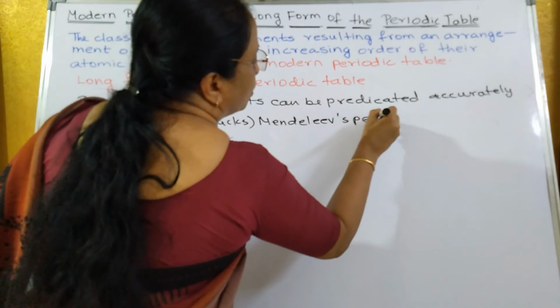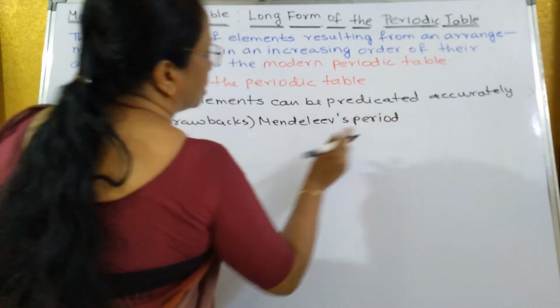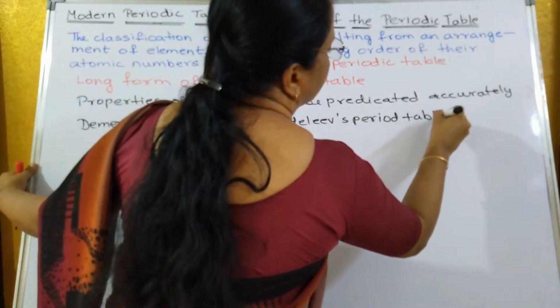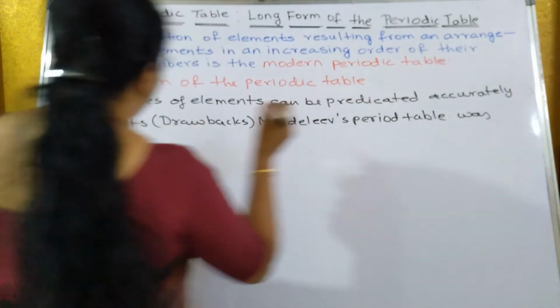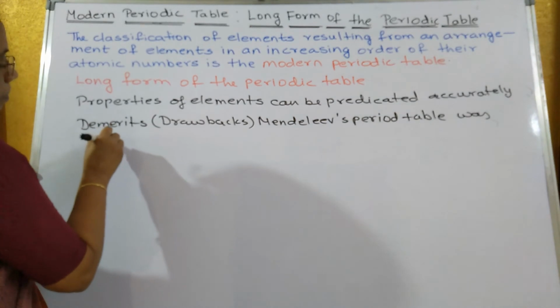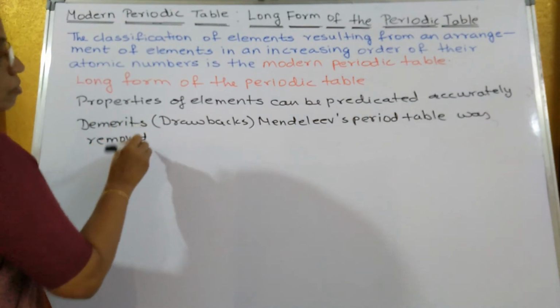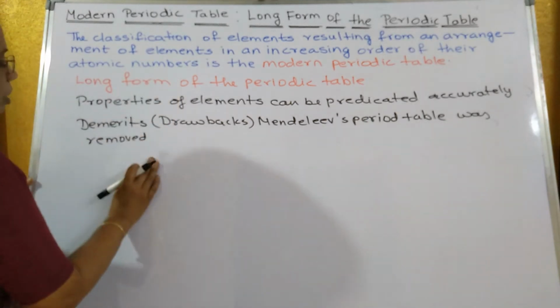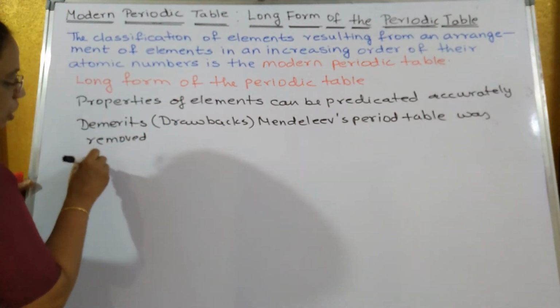So whatever drawback was there in the Mendeleev's periodic table was removed, except one, which demerit was not able to be removed even in the modern periodic table, was the position of hydrogen.